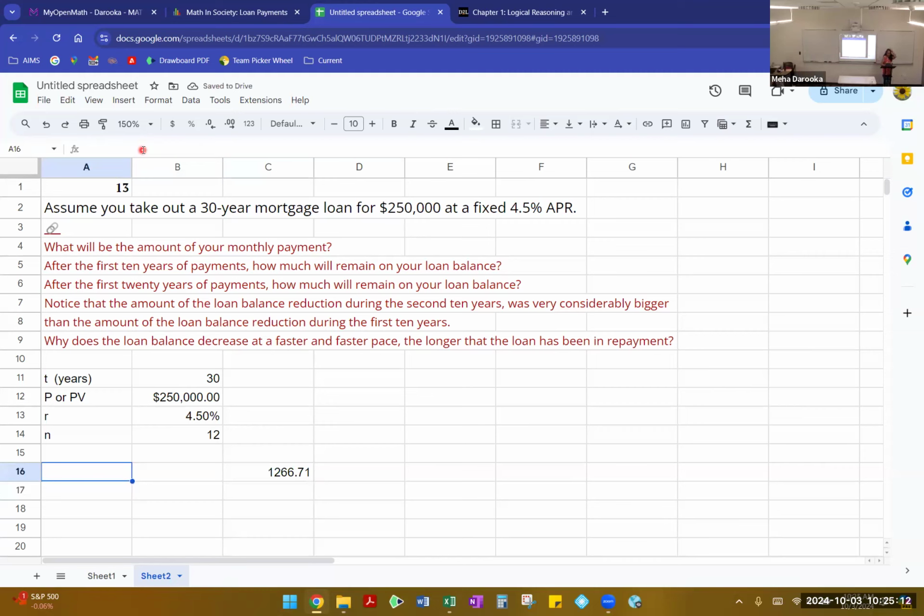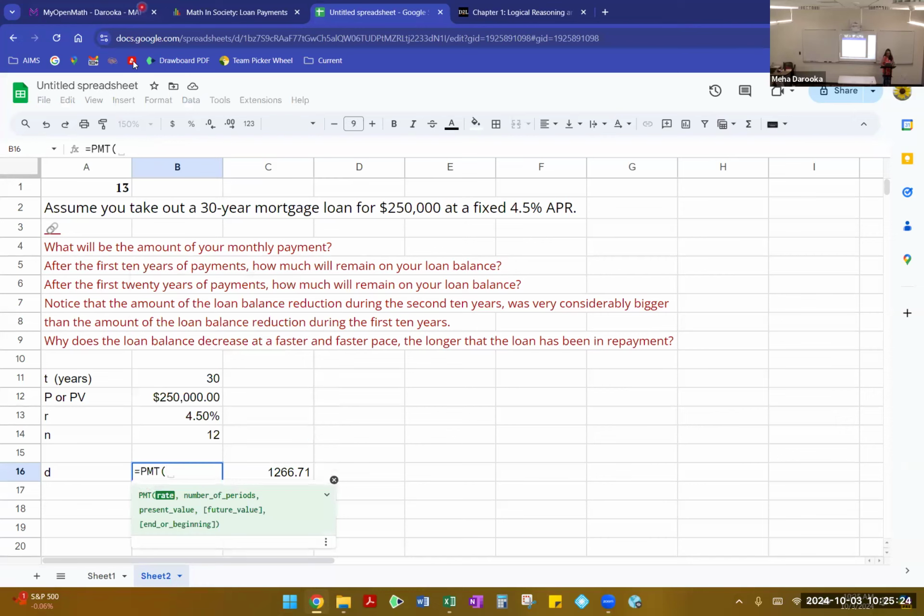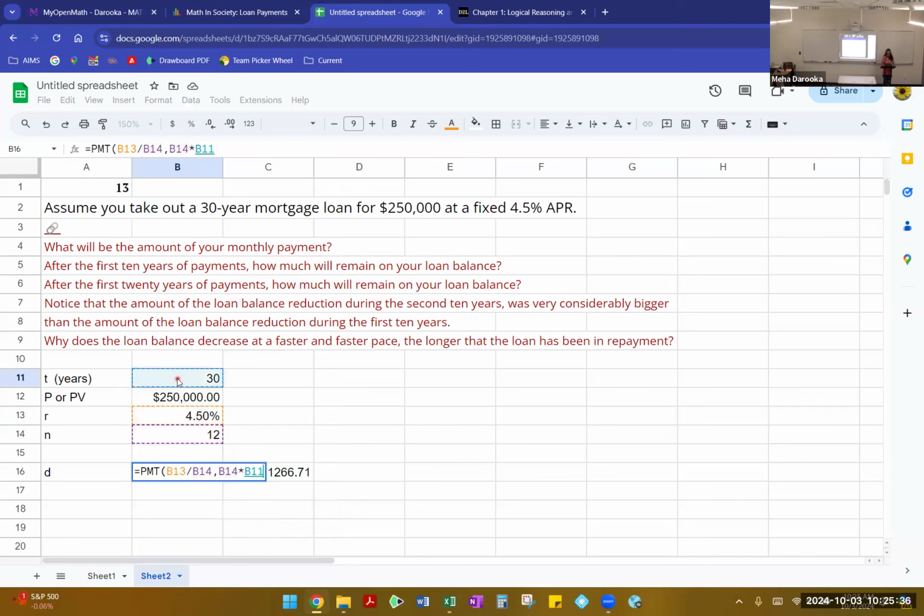So which formula did we use to come up with that number? PV, PMT? PMT, yes, because you're talking about finding the regular payment. So that's going to be the PMT formula. So again, your rate will be R divided by N, comma, number of periods will be N times T, comma, present value, of course, is the $250,000, and then your future value will be 0, because we should have paid off.